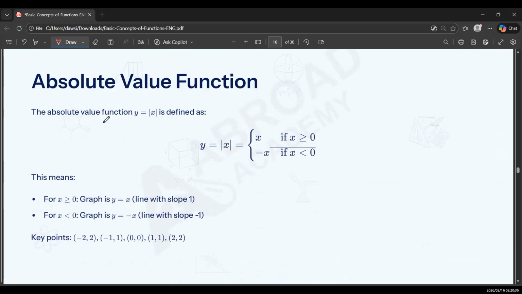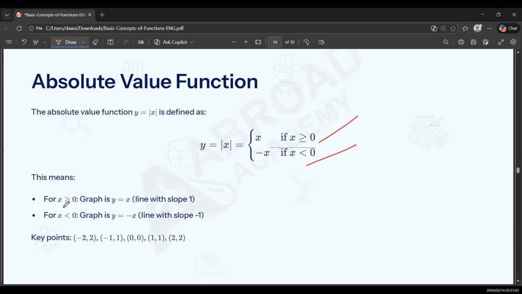The absolute value function y equals absolute value of x is defined as x if x is greater than or equal to 0, and minus x if x is less than 0.